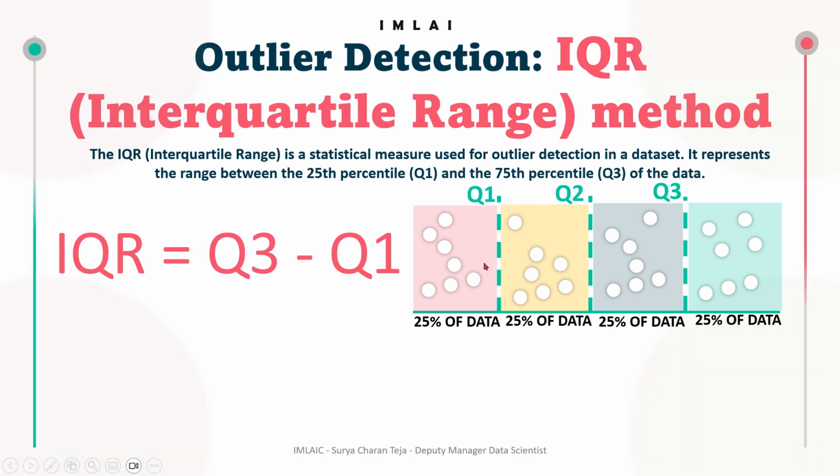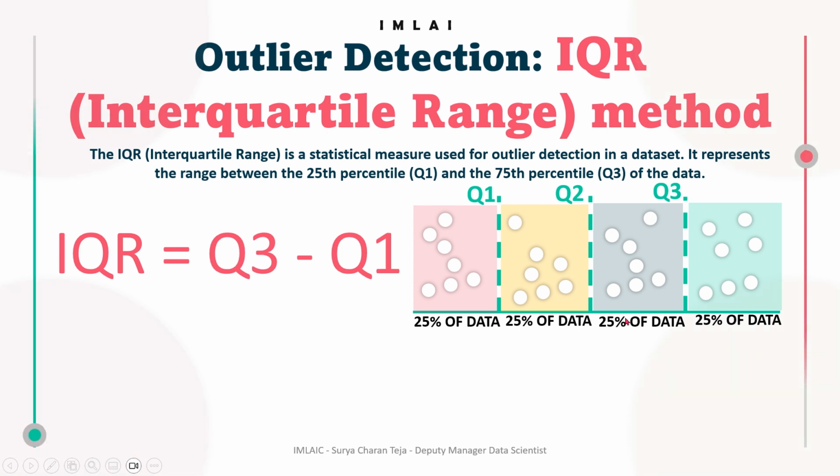And 25 plus 25, total 50% of data falls below quartile 2, that is 50 data points. Then 75% of data falls below quartile 3, that is 75 data points. Okay, that's what quartile 1, quartile 2, quartile 3 are.